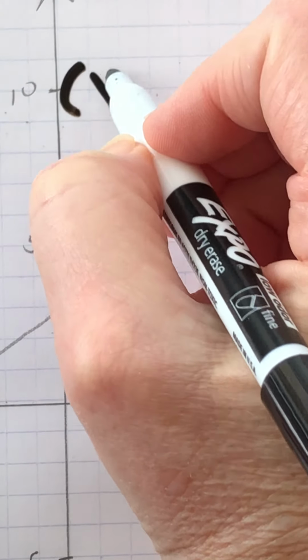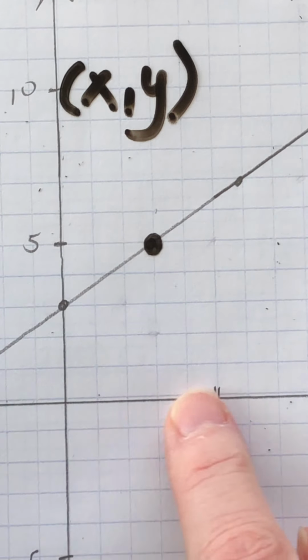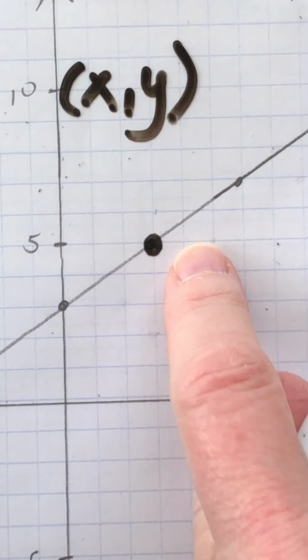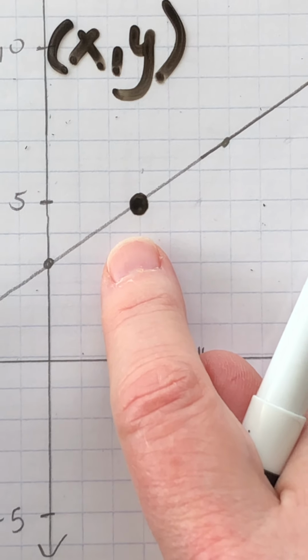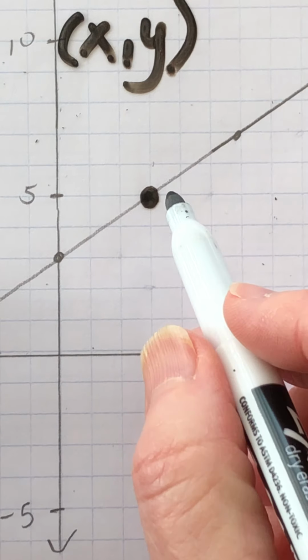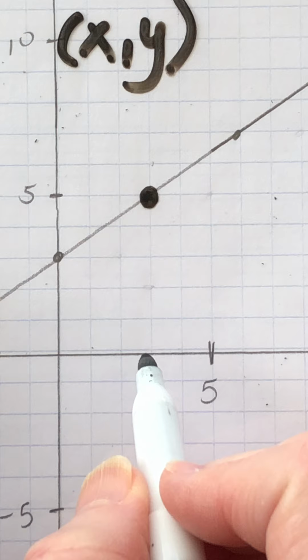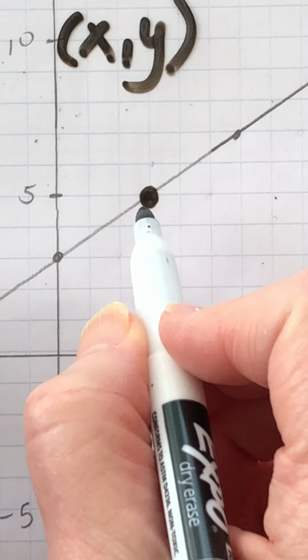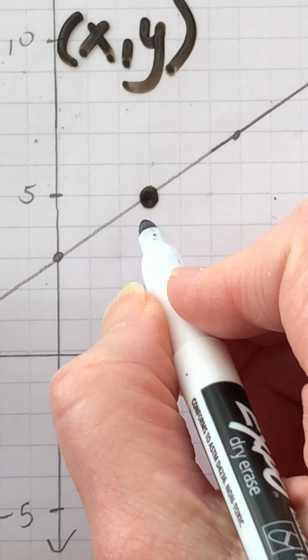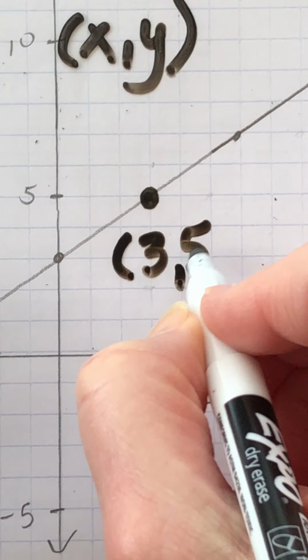Remember, ordered pairs always come in the order the X direction first and the Y direction second when we are looking at a location on a grid. It's kind of like the GPS. So for this first point here, if I'm starting at 0, 0, that's 3 units right and 5 units up. So that is going to be at a position of 3, 5.